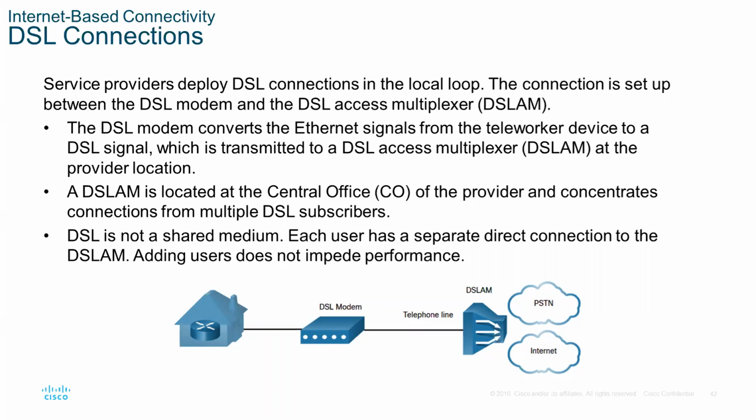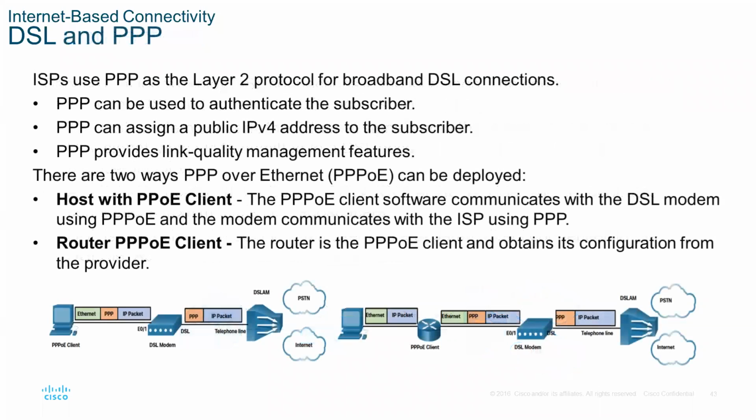Now, the DSLAM is the device that allows us to separate those frequencies into their discrete communication channels. Quite often we would use point-to-point protocol over DSL between the service provider and us, and this would be known as Ethernet point-to-point service.